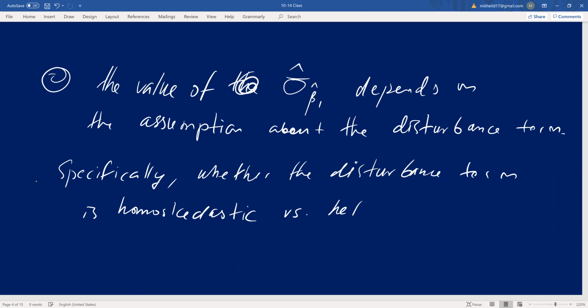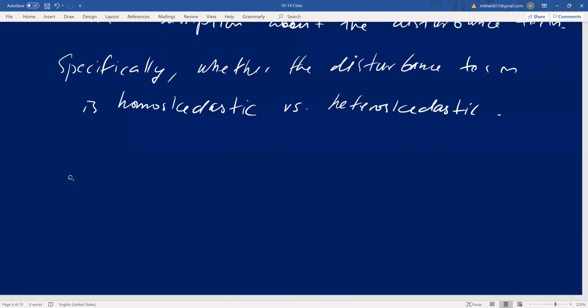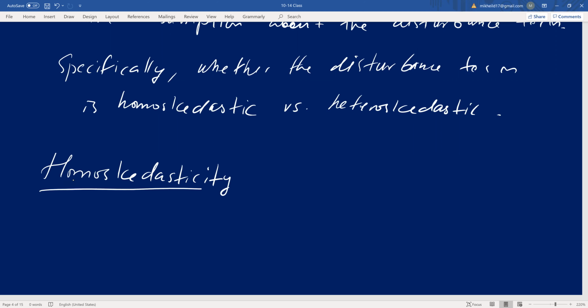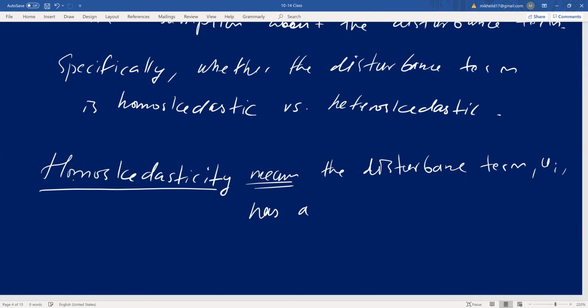Let me define this for you guys. Homoscedasticity means that the disturbance term, which is what? UI, right? Has a constant variance.